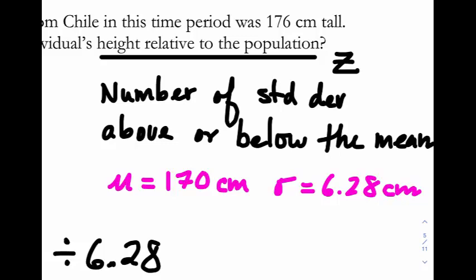If we compared that number to other populations with a different mean and standard deviation, that z value has a different interpretation. So saying we're almost one standard deviation above the mean is only true if we assume that the mean is 170 and the standard deviation is 6.28.